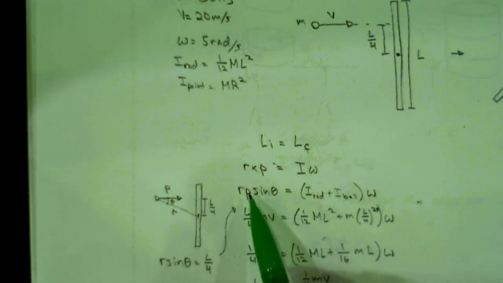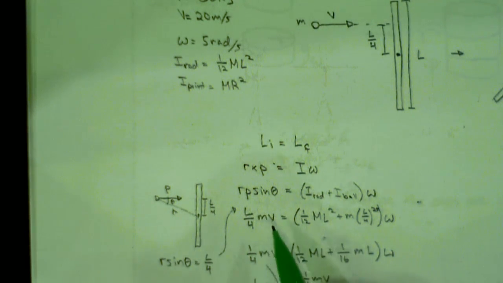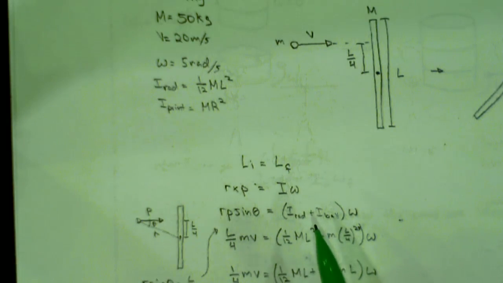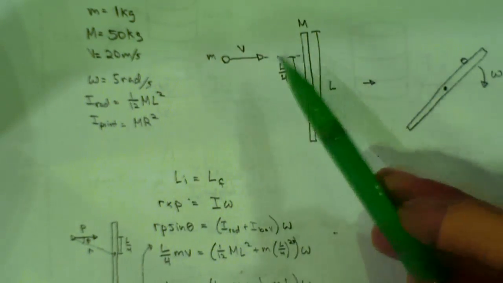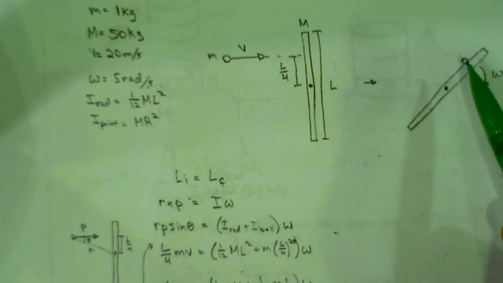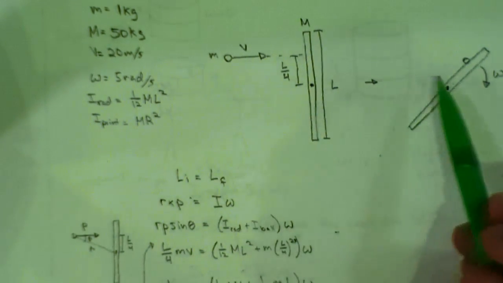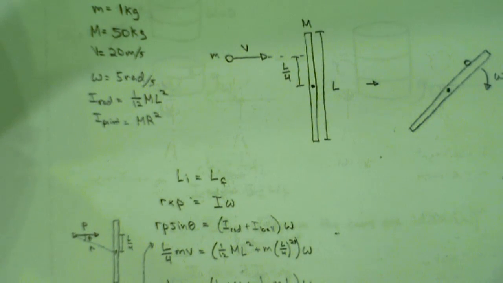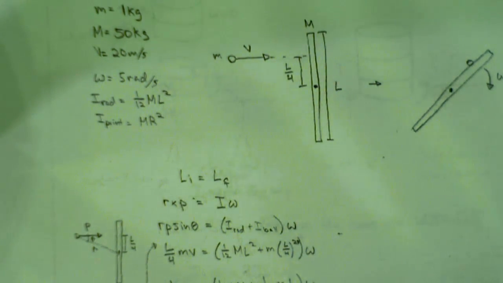And then we just have regular linear momentum, which can be calculated as m times v. The mass of the ball is given, and the velocity of the ball is given. Now if we look at this side of the equation, we have the addition of moments of inertia. And the reason for that is we have a rod and we have a ball attached finally, right? So we need to add those two moments of inertia. Similar to when we have linear momentum and they stick together, we add the two masses.